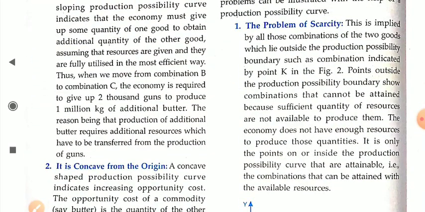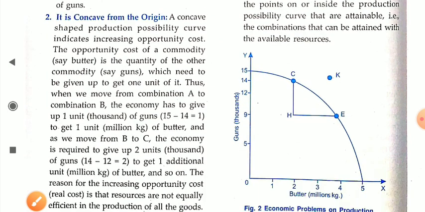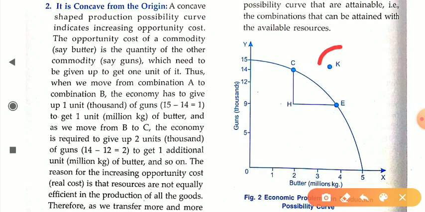You are all familiar that our resources are scarce, but our wants are unlimited. With the available resources, we have to fulfill all our unlimited wants. This is implied by all those combinations of the two goods which lie outside the production possibility boundary, such as the combination indicated by point K. Always keep in mind that any point outside the production possibility curve is an unattainable combination.